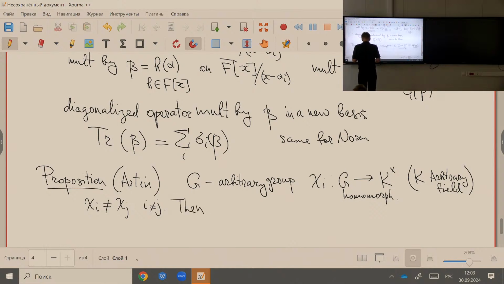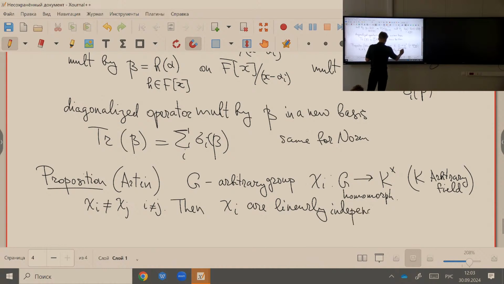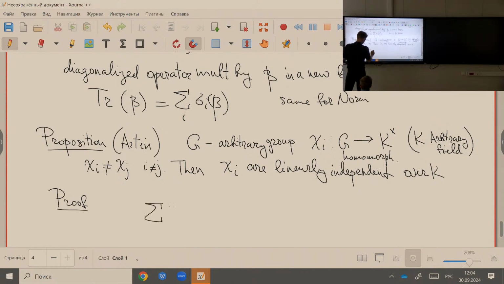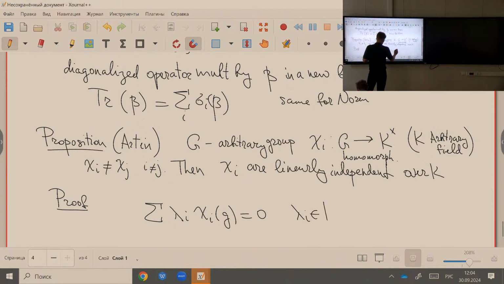Then the chi_i are linearly independent over K. Of course, meaning that you are not able to write a linear combination like this, for some lambda_i that belong to K, that holds for any g inside G. Let me write down the proof.